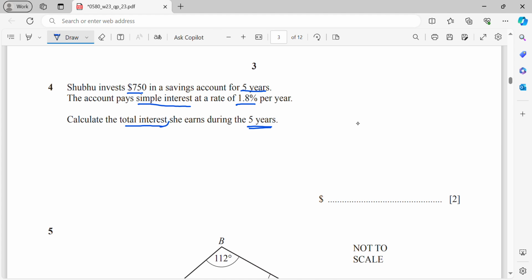Now we need to count total interest. Basically, the formula for simple interest, which is I, the interest, I equals PRT over 100. The P is the principal value, the R is the rate, and the T is the time. So I will just write total interest.